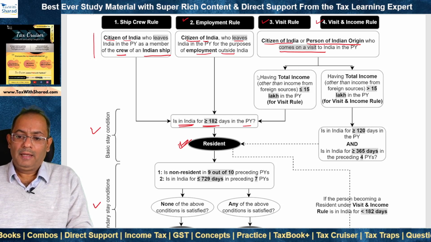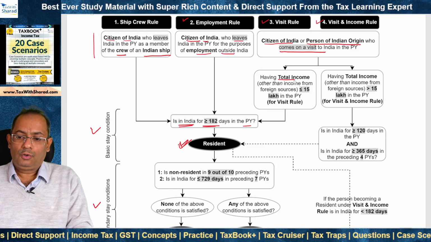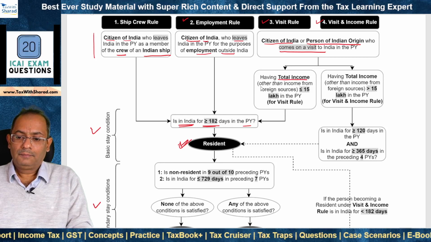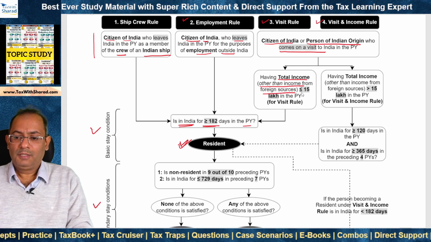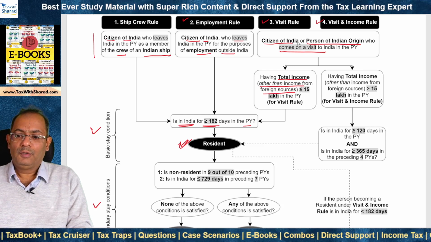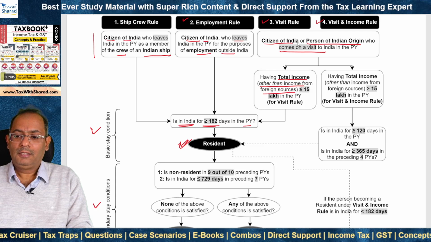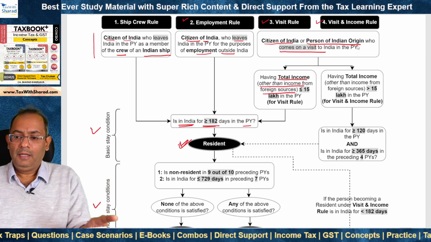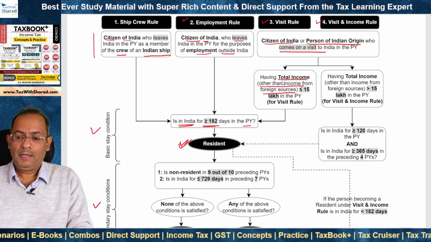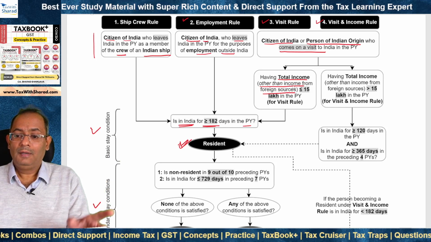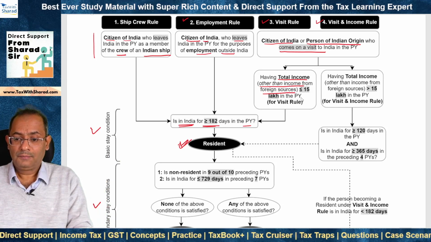Now what we need to check is what is the total income, other than income from foreign sources, of such person, right? So once we have noted that a person is a citizen of India or a PIO who comes on a visit to India in the previous year, then we need to check the amount of total income other than income from foreign sources.